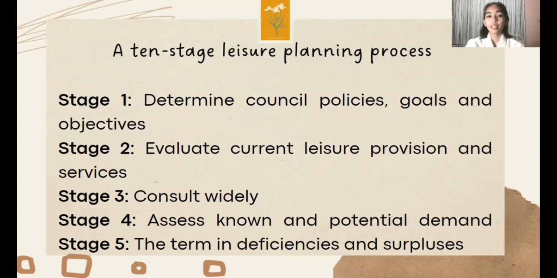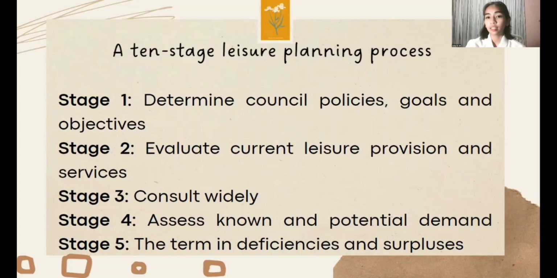Stage 4. Assess known and potential demand. Although there is no single leisure planning technique that can accurately indicate what the potential demand may be for a particular activity or facility, a good indication can be obtained by using different leisure planning techniques, including demand modeling. Stage 5. Determine deficiencies and surpluses.